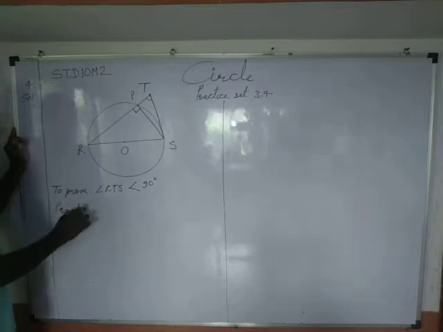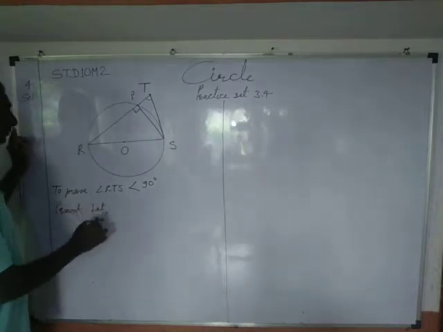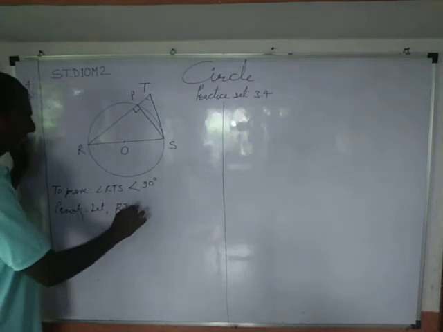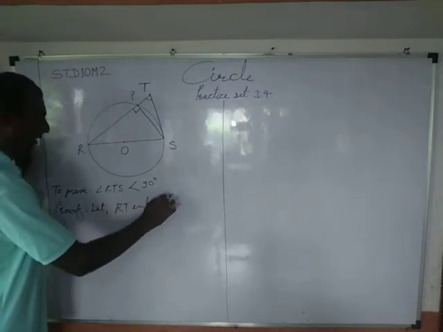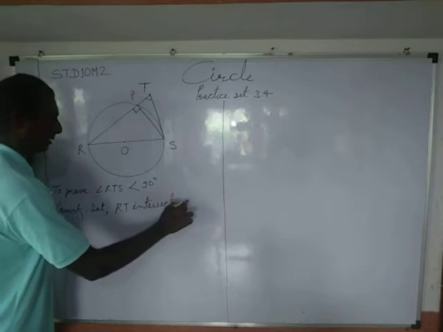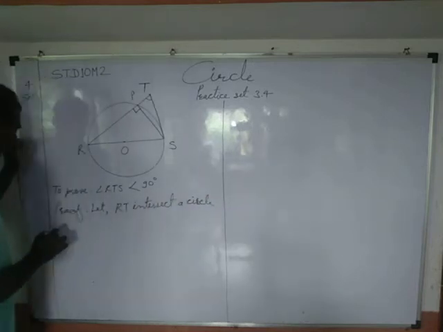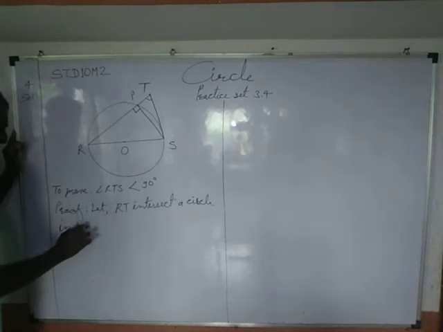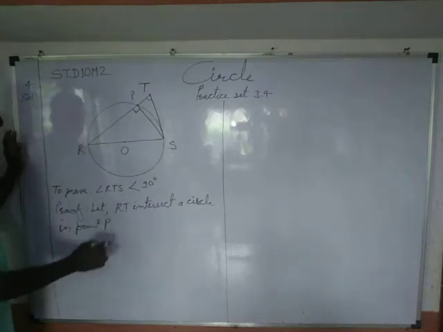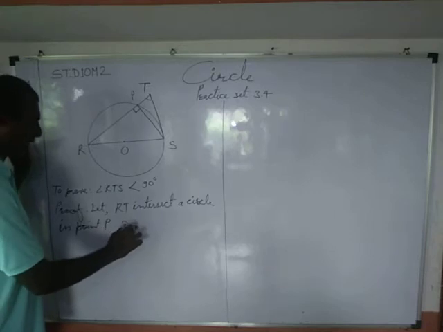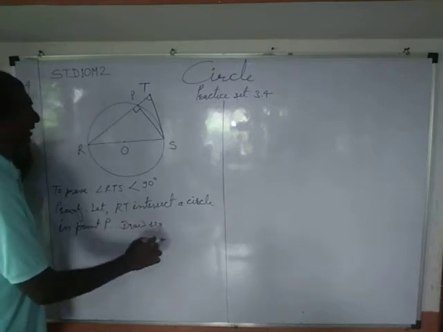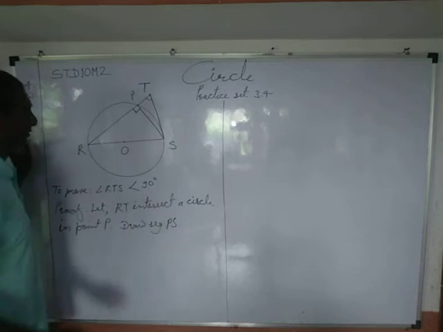Proof. Let RT intersect the circle in point P. Draw seg PS.